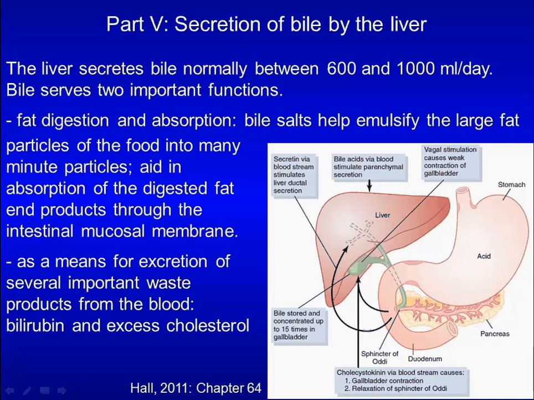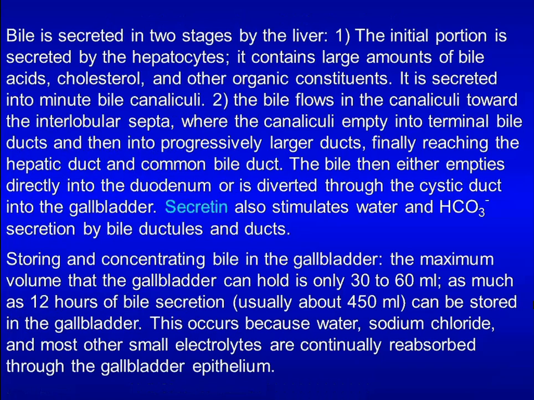Secretin also stimulates water and bicarbonate secretion by bile ducts in a manner similar to pancreatic ducts. Gallbladder can hold up to 60 milliliters of bile. This information is summarized in this slide. Bile secretion in 12 hours is about 450 milliliters. How can gallbladder hold so much bile secretion?